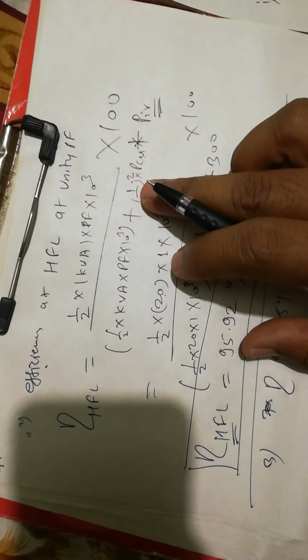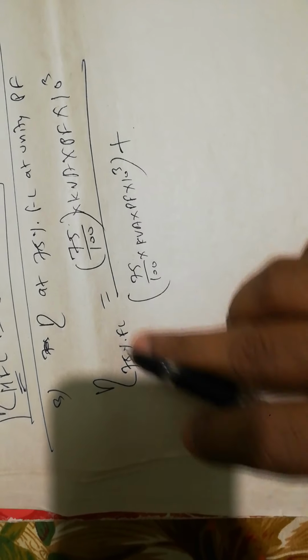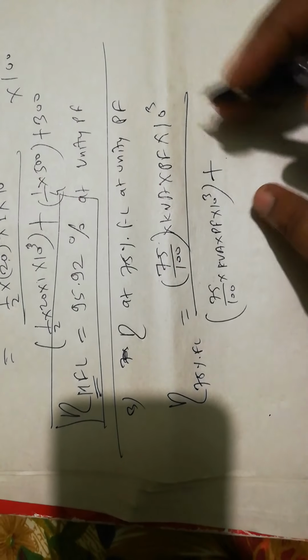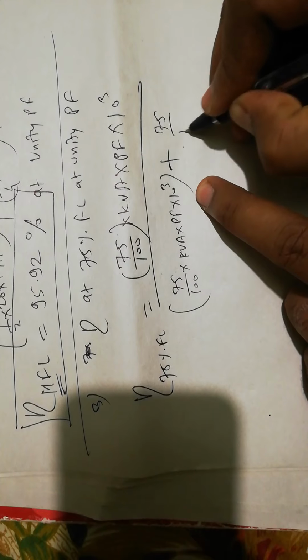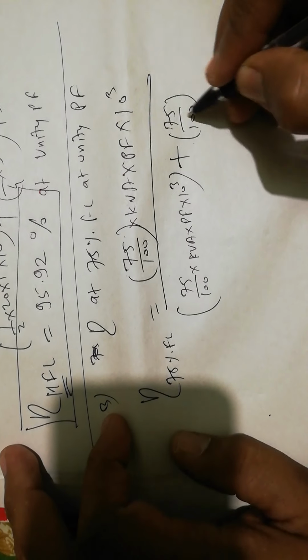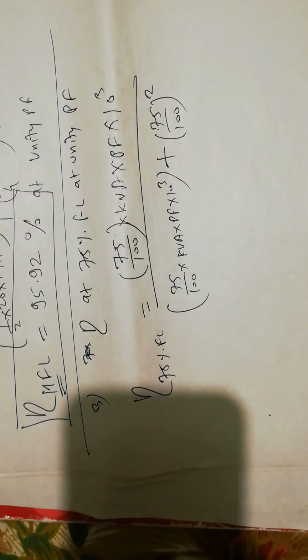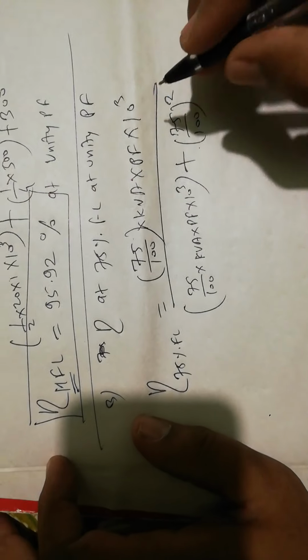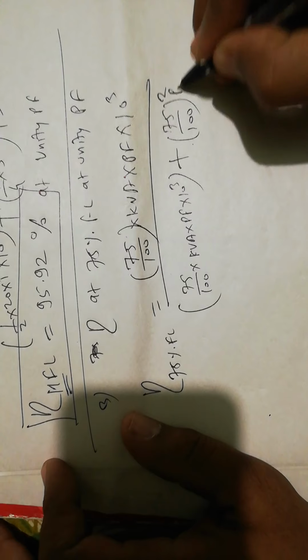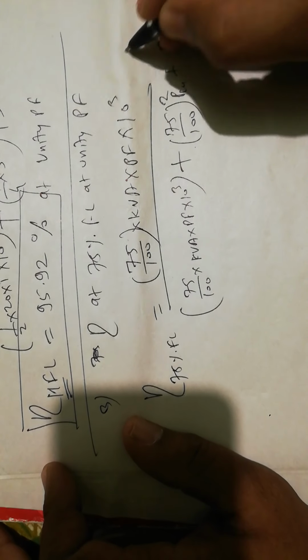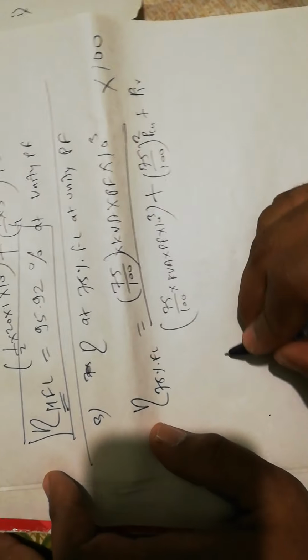For half load it was 1 by 2 square into copper loss. Here we have to find the copper loss at 75% of load. Therefore 75 divided by 100 is the 75%. It is squared because the copper loss depends upon the square of the current. Therefore this factor also gets squared, into copper loss plus iron loss, into 100.